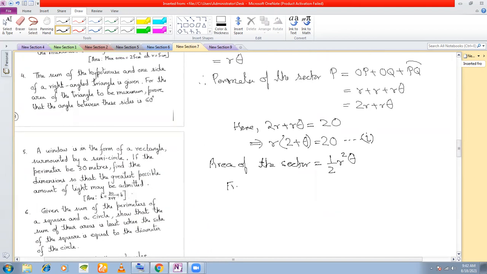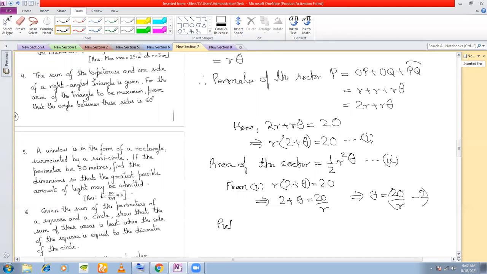So with the help of 1, we are going to remove theta. Let us call this 2: R into 2 plus theta is equal to 20. That means you find theta in terms of R. You get 2 plus theta is equal to 20 by R, so theta is 20 by R minus 2.